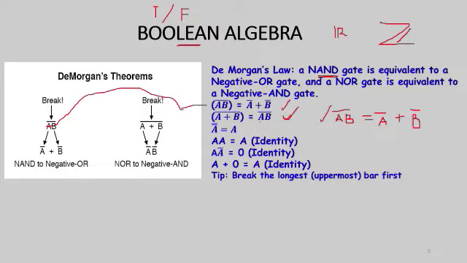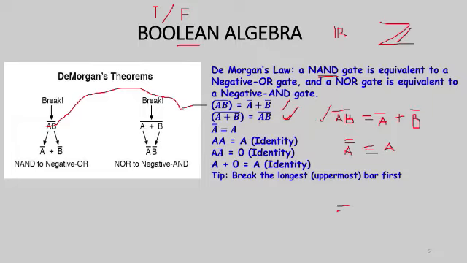This is identity. Identity is when you have two negatives, or two NOTs, on a logical variable. It is equivalent to that variable itself.